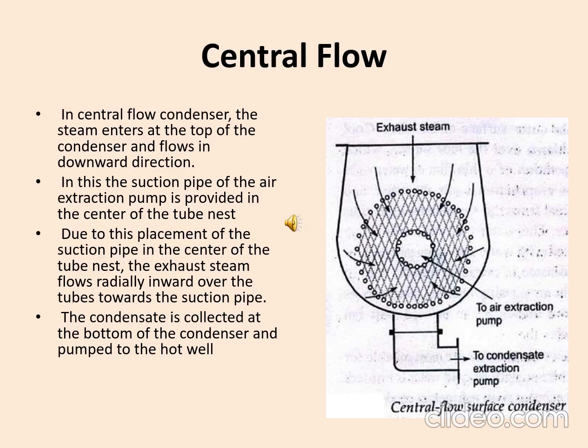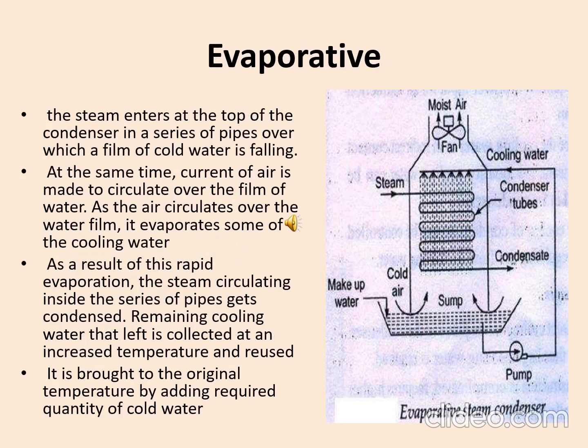The suction pipe of the dry pump is provided near the bottom, and it is also covered by a baffle, so that the condensed steam does not enter the air extraction pump. The steam flowing through the condenser moves perpendicular to the direction of the flowing cooling water. That is also called a cross flow surface condenser.